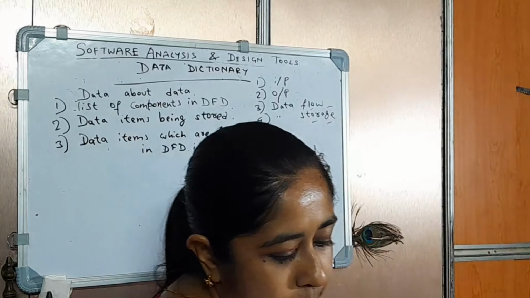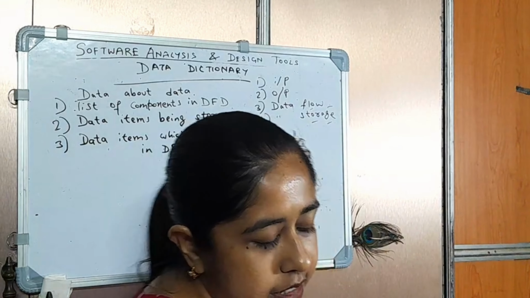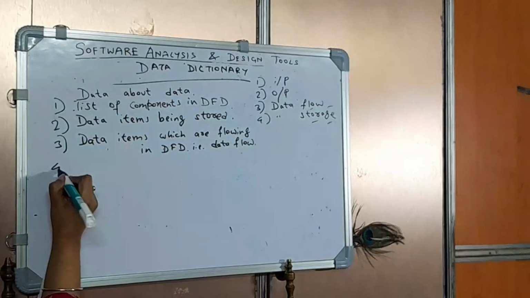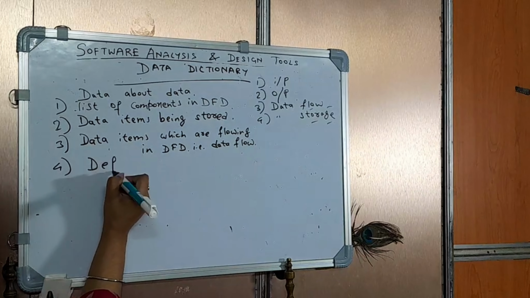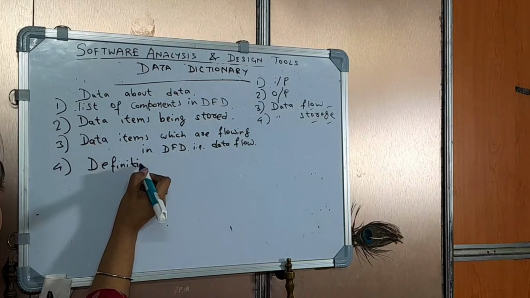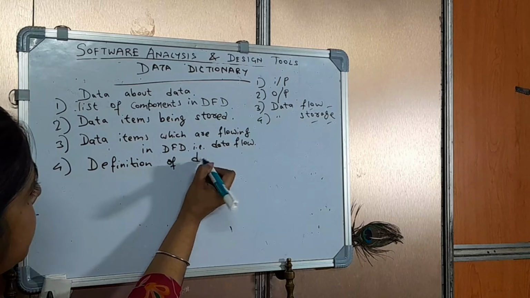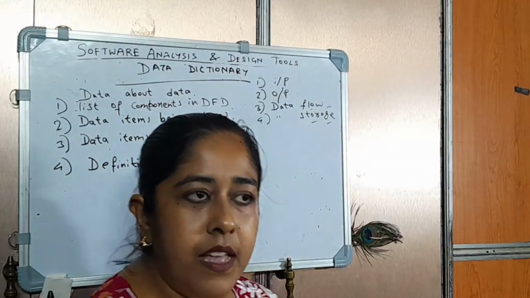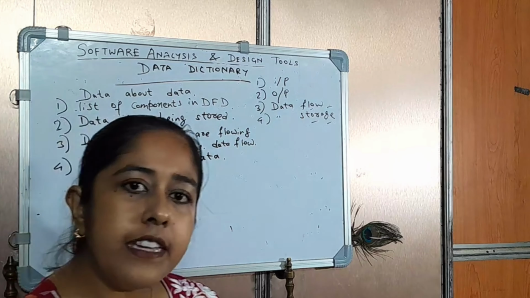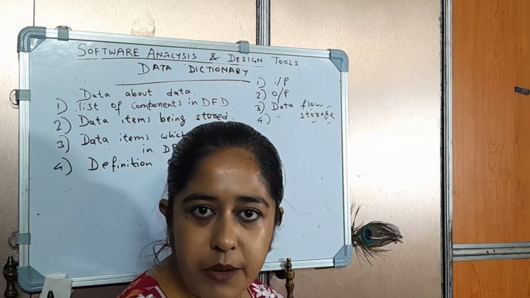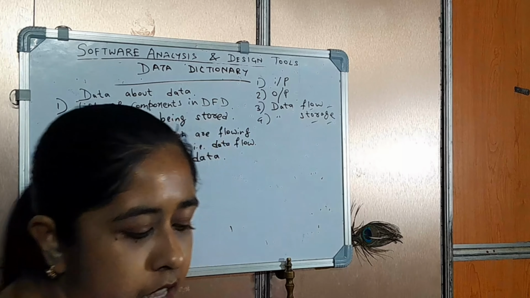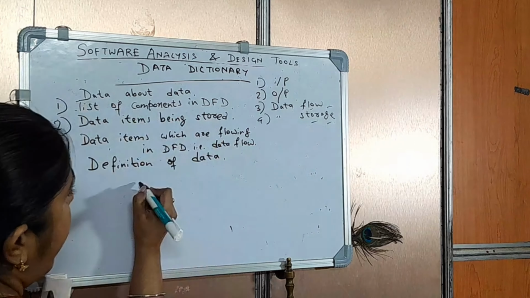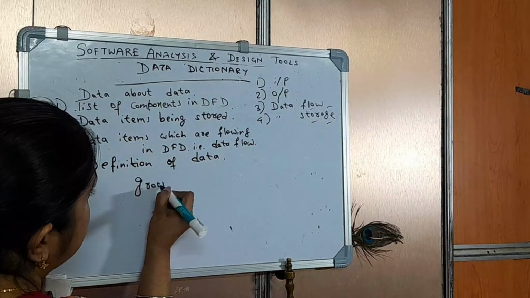And the purpose of this is the definition, the definition of your data. Let's have an example, supposing we are not working upon a singular data. Suppose I have a gross pay.